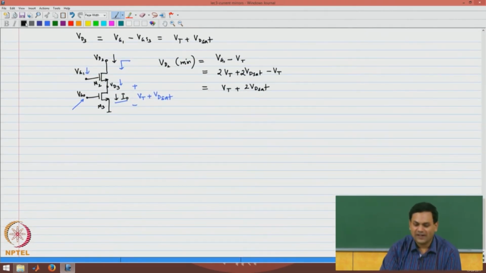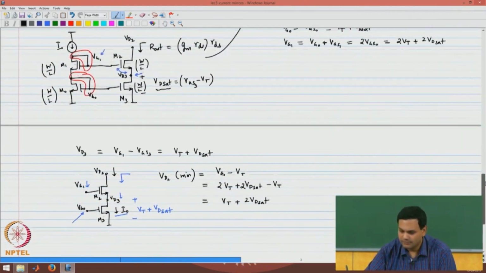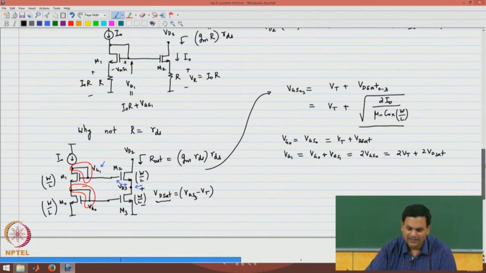So, we come to the final very often used circuit, which is called the high swing cascode. Note that this connection, this circuit, is called the cascode current mirror.